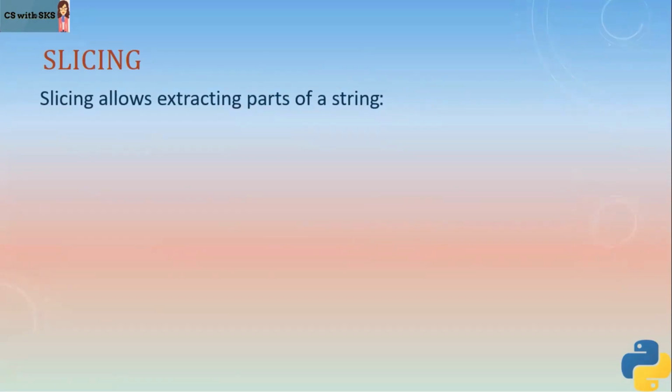Rather, you just want to pick a part from it and use it somewhere else. So in that case, slicing is used to extract a part from CS with SKS, right? Now, the syntax is you write whatever string you're using, then square bracket, start, colon, stop, colon, step.